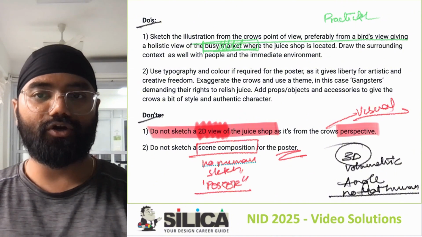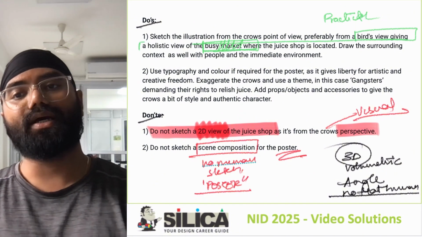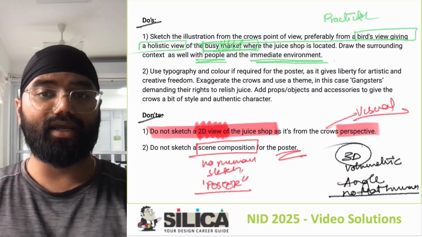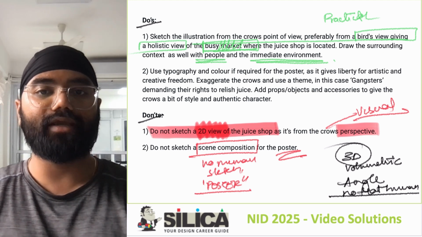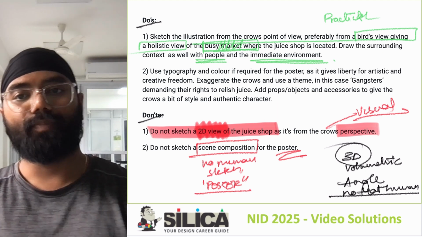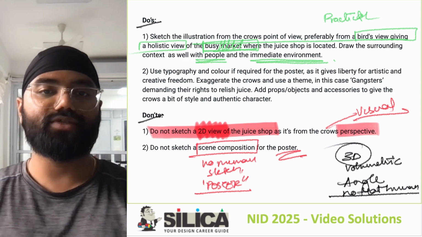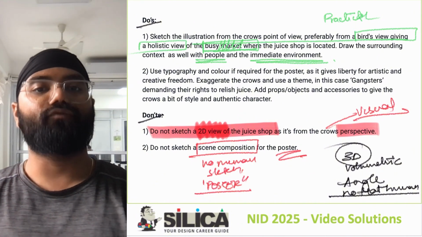Make sure you incorporate all the elements asked in the question. The juice shop should be visible. If they are asking for a market, it should look like a market and not like only one or two shops. Apart from this, don't draw just one human. Please take a very realistic and practical approach to the visual environment you are creating.